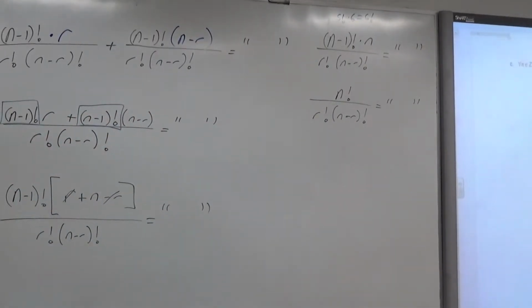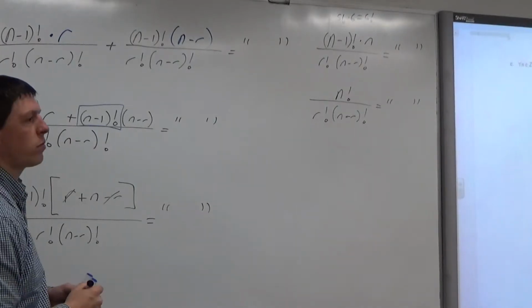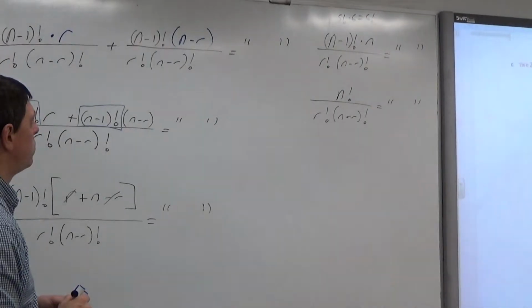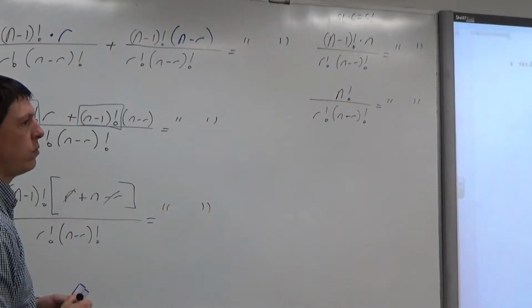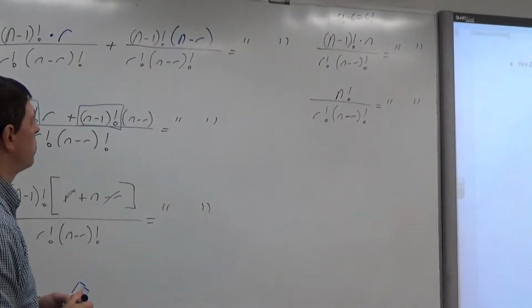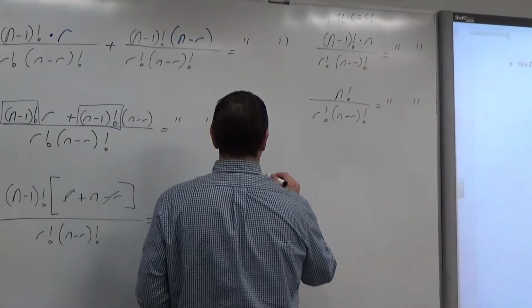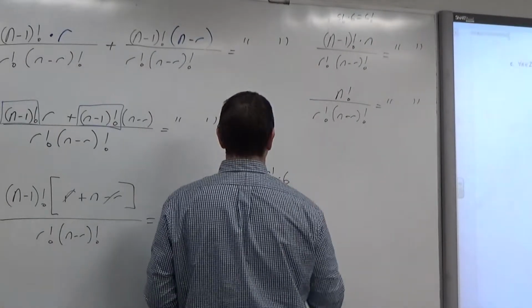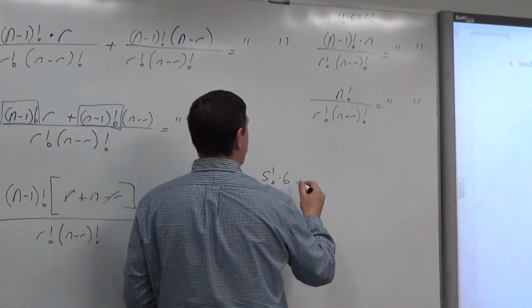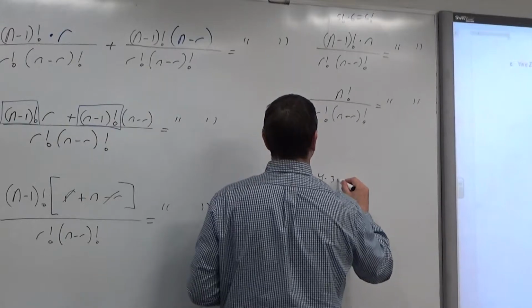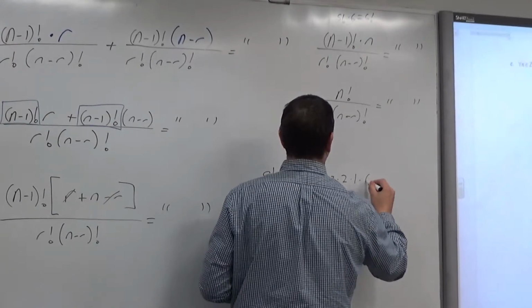Can you explain again how you have 1 less, 5 factorial times 6, so why does it just become n factorial? Wouldn't that be changing the value? No. If I have 5 factorial times 6, that's 5 times 4 times 3 times 2 times 1 times 6.